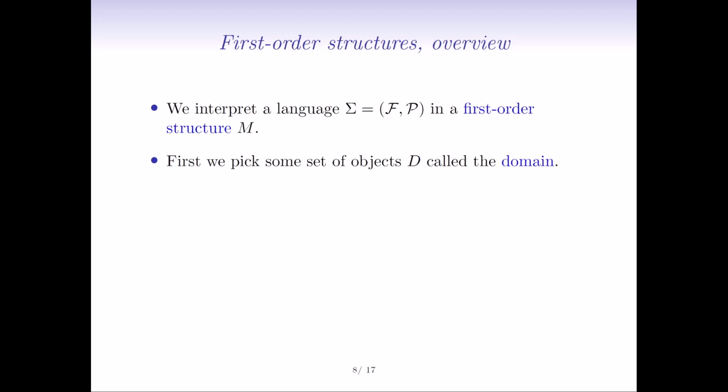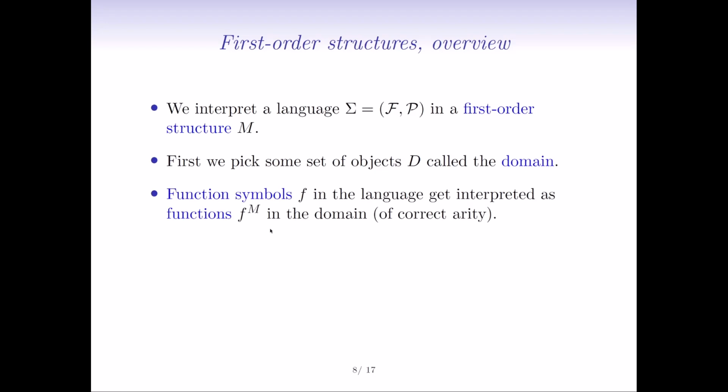So first of all, we'll set the domain, and then second of all, for every function symbol, small f, in the language, we're going to pick some appropriate function f superscript M in that domain. In other words, when we have a function in the language, it should get interpreted as a real function in that domain.